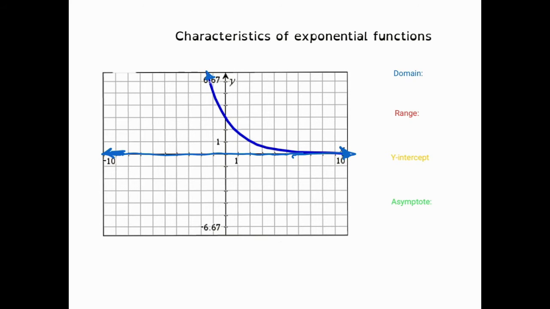So we're saying the x values are going to be touched from negative infinity to positive infinity. And how do we call that? All real numbers. And this will be the case for every single exponential function, regardless if it's decay or growth.